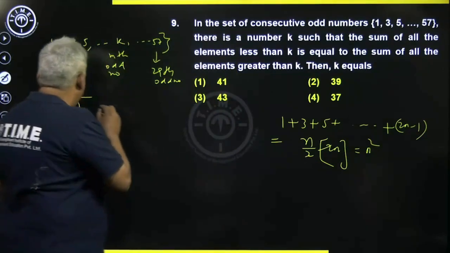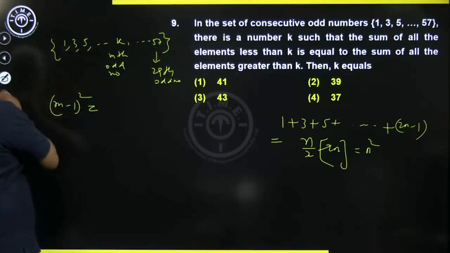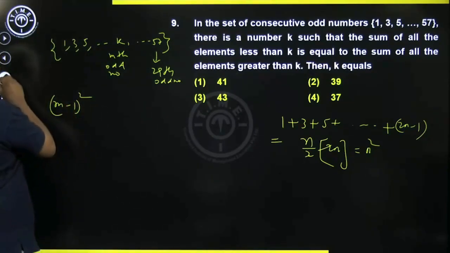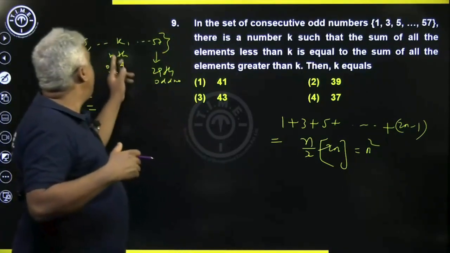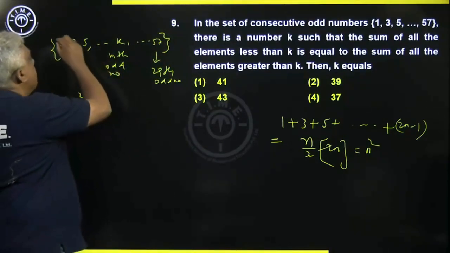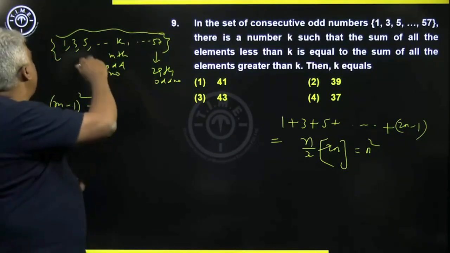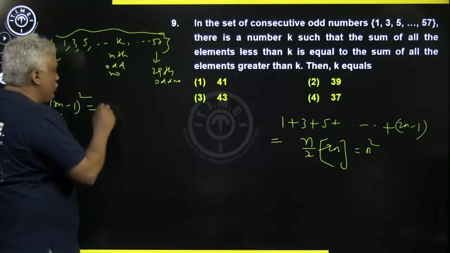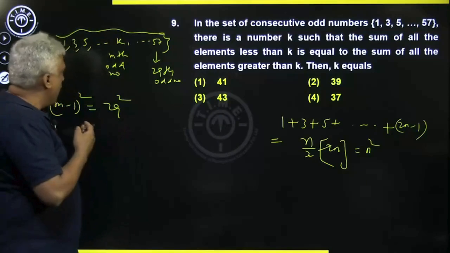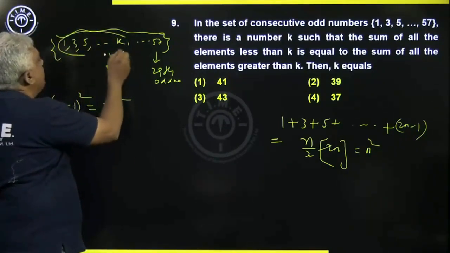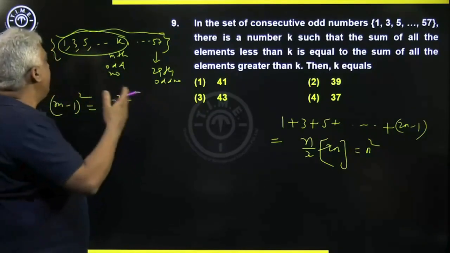Now this is equal to the sum of all odd numbers after k. See, in total there are 29 odd numbers. So the sum of all the odd numbers will be 29 square, and from 29 square, I remove till k, I mean the mth odd number.